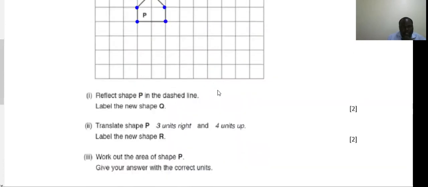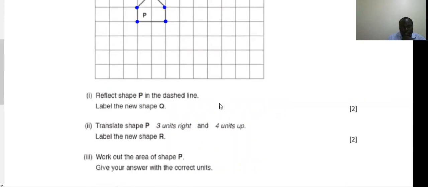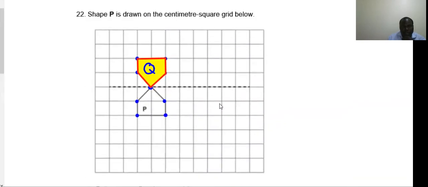What else? Translate shape P 3 units right, 4 units up, label the new shape as R. So we start moving each point on shape P 3 units right, 4 units up.